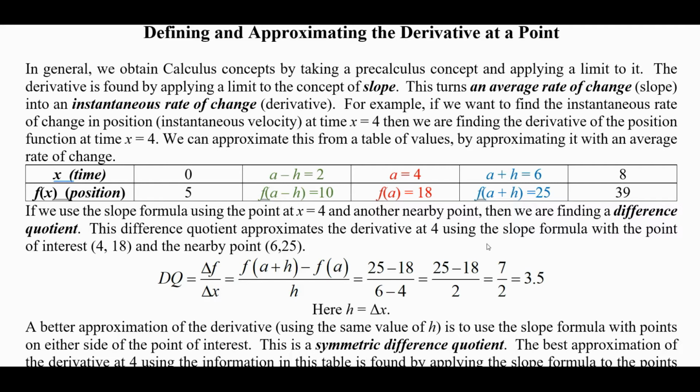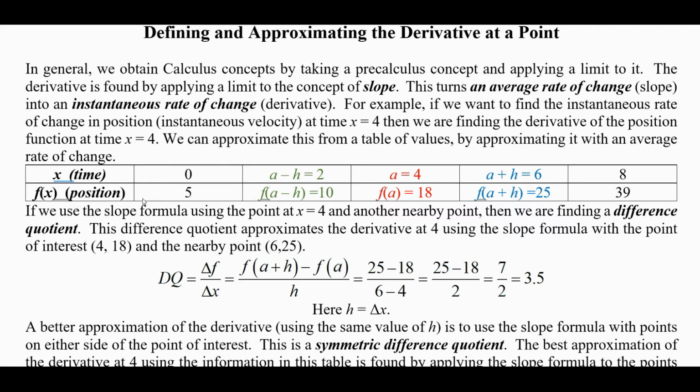For example, if we want to find the instantaneous rate of change in position, instantaneous velocity, at a time x equals 4, then we are finding the derivative of the position function at time x equals 4. And we can approximate this from a table of values by approximating it with an average rate of change. So in this table, we have x equals the time, with times at 0, 2, 4, 6, and 8.